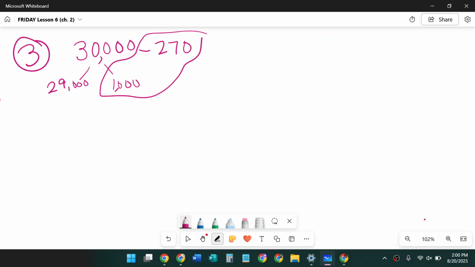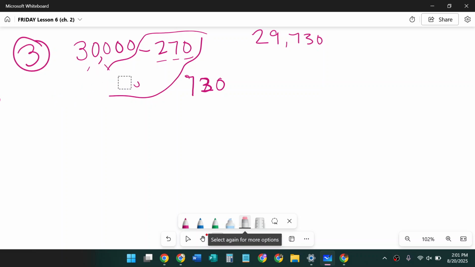We know that we need to have 9 hundreds, 9 tens, and 10 ones. So the number would be 730. Oh, just kidding, that needs to be a 3 because that will have to be the one rounded up. Sorry, and then we can add that to the part that we never touched. So we'd have 29,730. But honestly, I think that's kind of a messy way to do it.